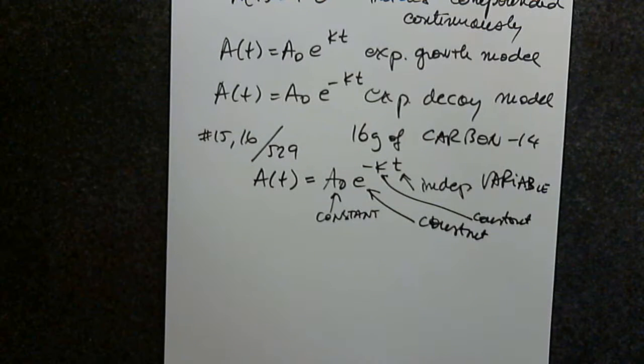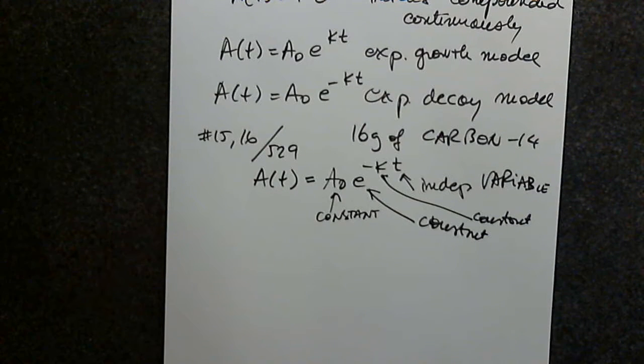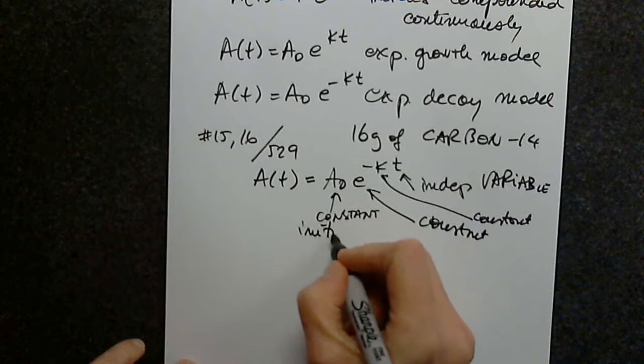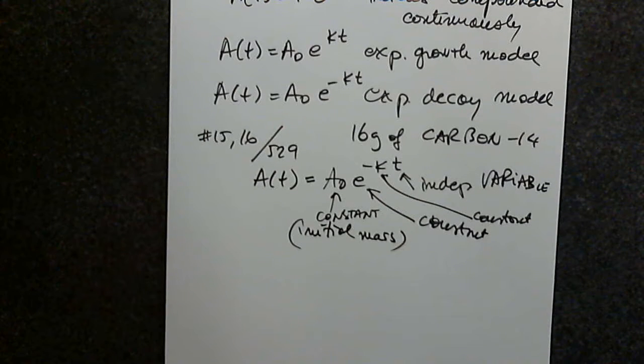K is the decay rate. A is the function. T is the independent variable. And this A0 is the initial, in this case the initial mass. In the exponential growth model, it was the initial number.